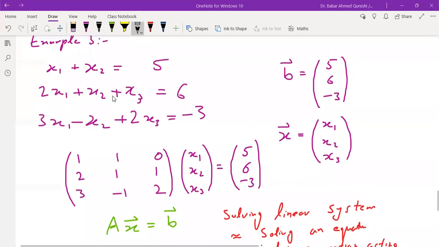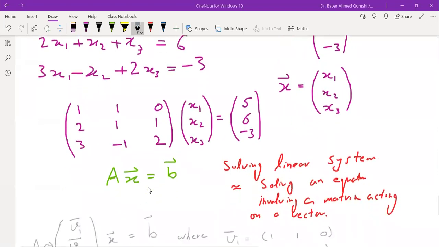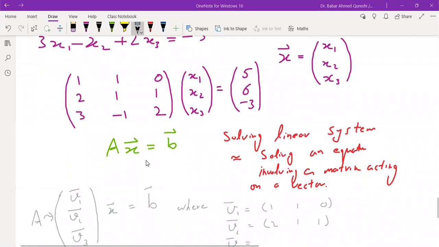Now, the idea is that when this matrix will multiply this vector, it will give me back these equations. That's how I defined the matrix product. This was the whole idea of the matrix multiplying a vector.